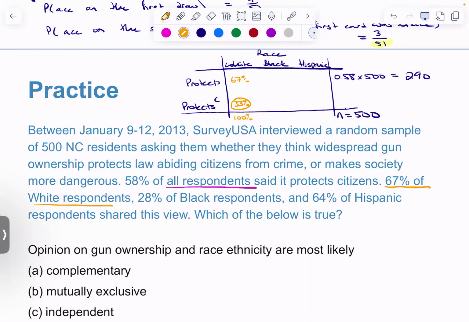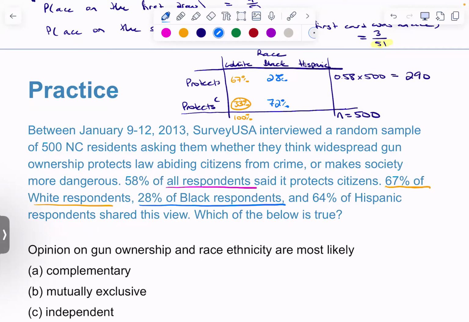Let's use blue. 28% of the black respondents, which means 1 minus 0.28, same deal here. Just comparing those percentages, do we suspect that there is a relationship maybe between race and how they feel about whether it protects, gun control? I think so. 67% versus 28%.